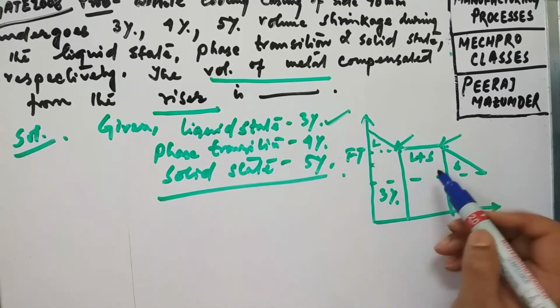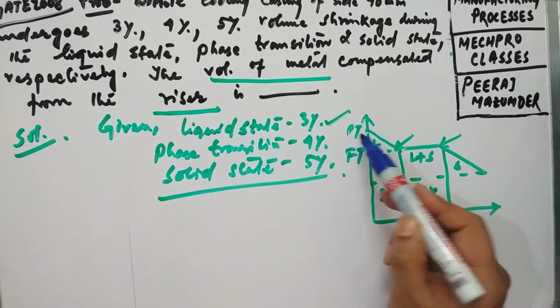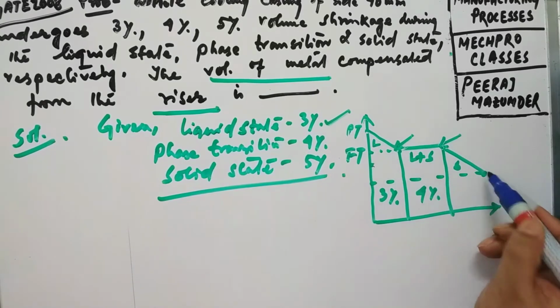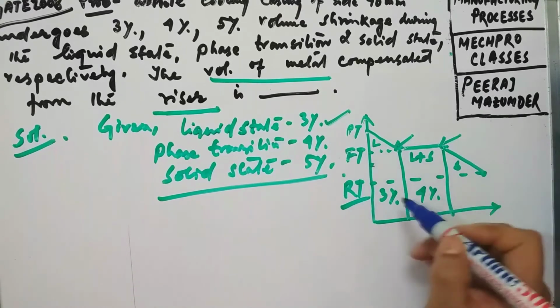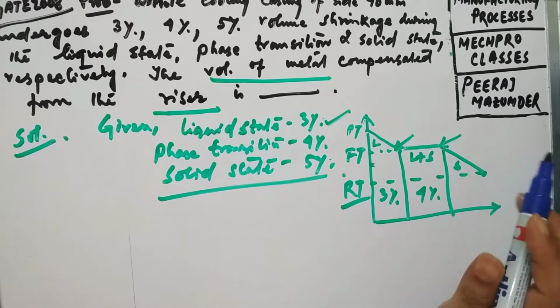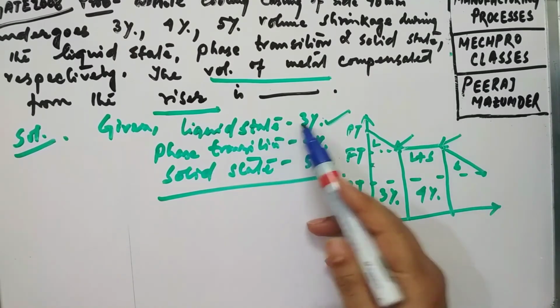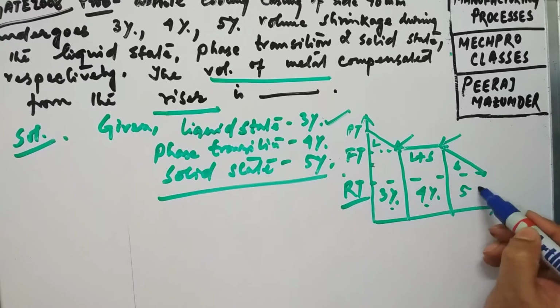For phase transition it is given as 4%. Now this point is the pouring temperature, as I have already discussed in the previous class, and this point is known as room temperature also. So from this curve you can easily determine the 3 shrinkages provided: liquid state it is 3%, for phase transition it is 4%, and for solid state it is going to be 5%.